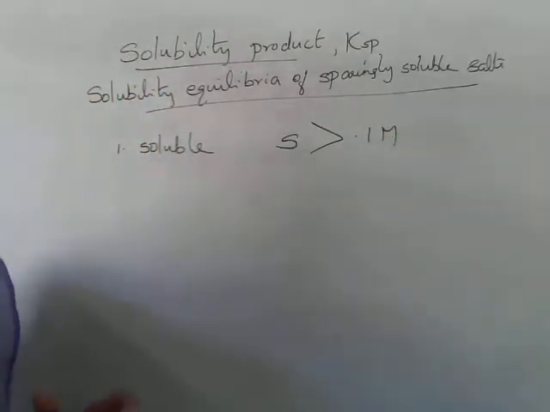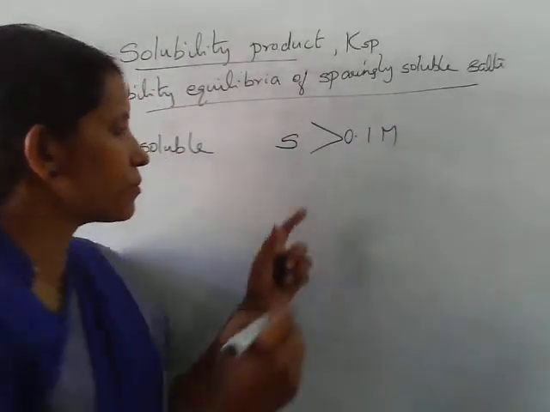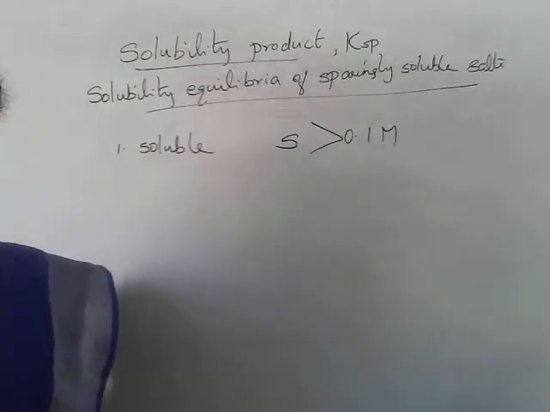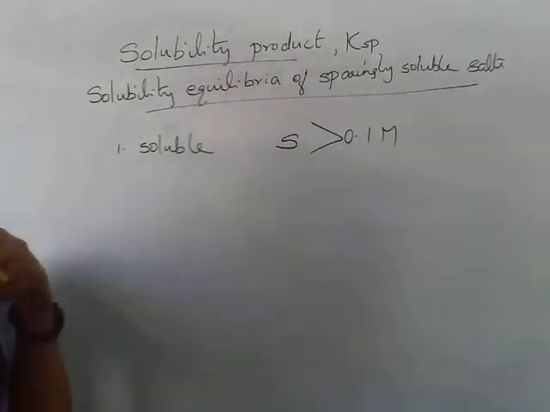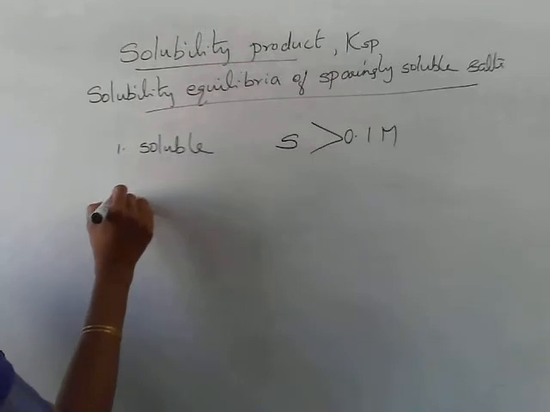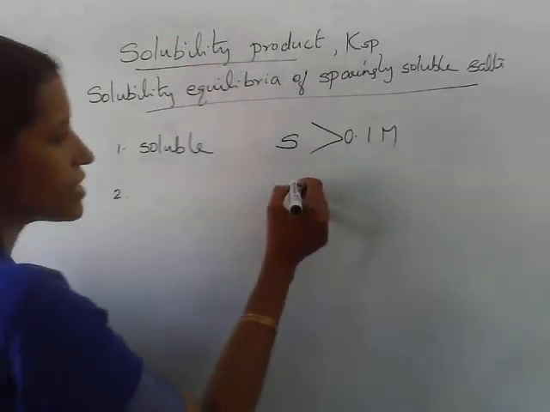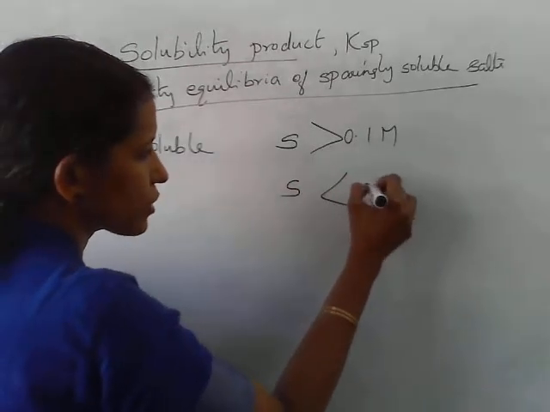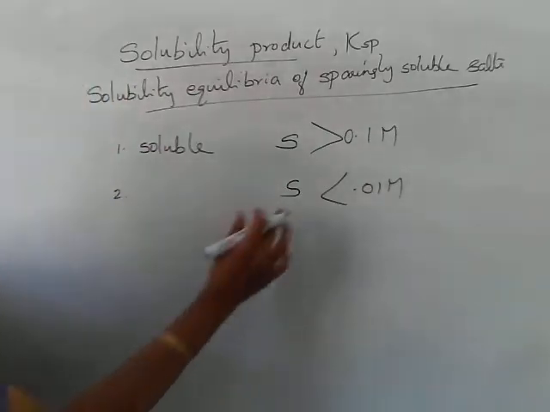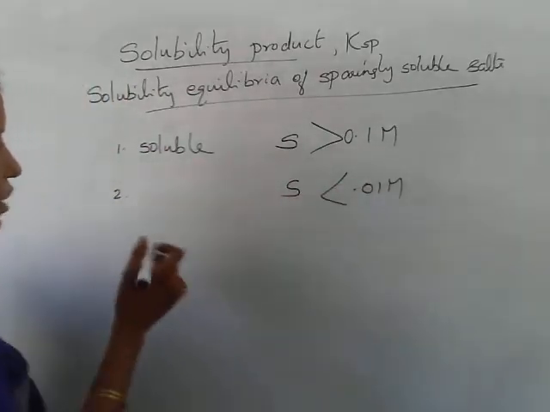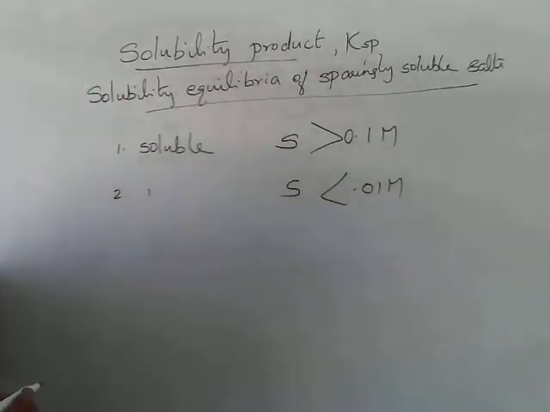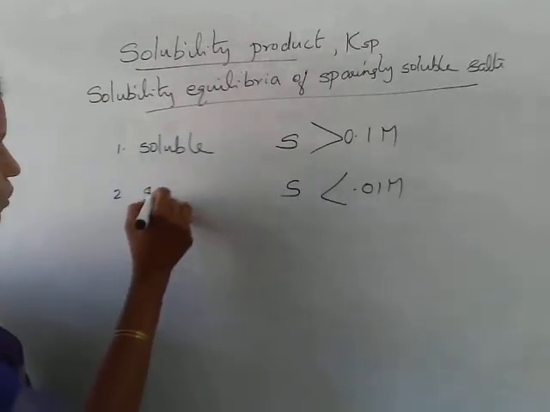If the solubility of a salt is higher, that is more than 0.1 molar, the salt is said to be soluble in it. Now, if the solubility of a salt in a solvent is very small, less than 0.01 molar, it is said to be sparingly soluble.